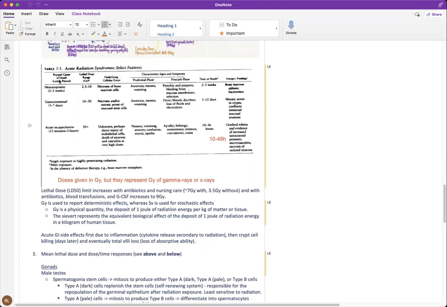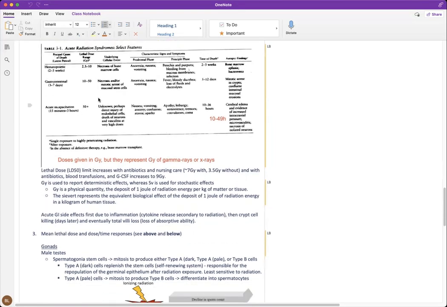This is a number summary of these different syndromes, what's actually happening, what are some of the symptoms, and what's the timing of when they're at risk of death. Here, the doses are given in gray, and they represent gray of X-rays.